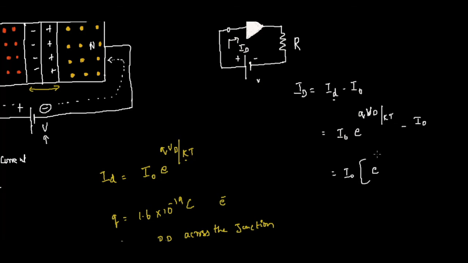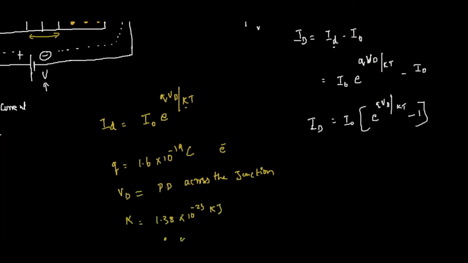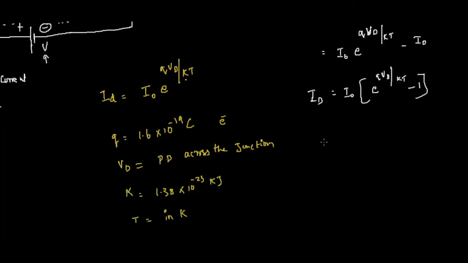It is I naught times e raised to QVd divided by KT, minus 1. This is the formula for calculating the diode current ID for a PN junction diode in forward bias conditions. This I naught drift current will be in the order of 10 to the power minus 9 to 10 to the power minus 15, which is a very small amount and can be ignored sometimes.